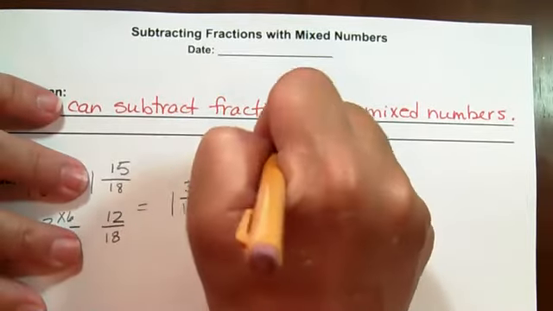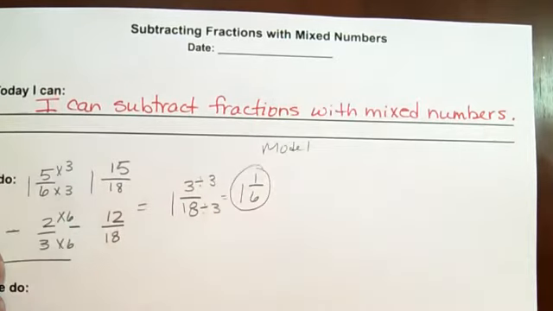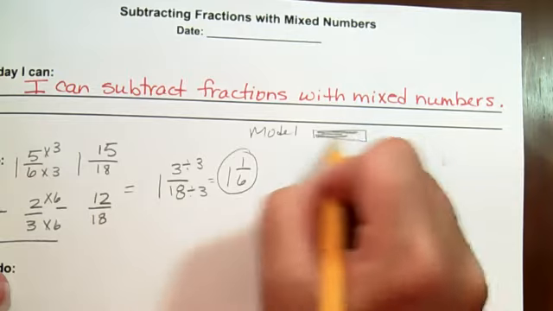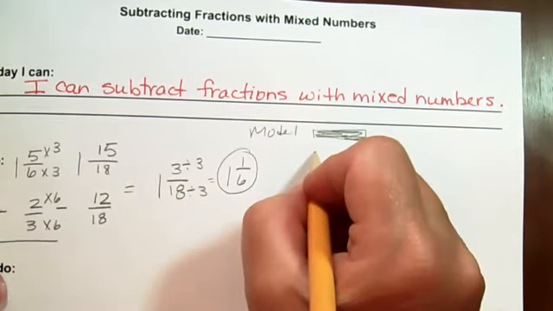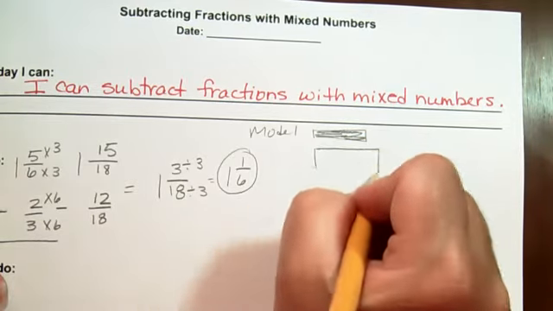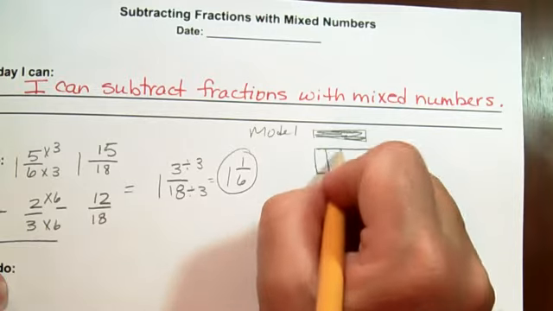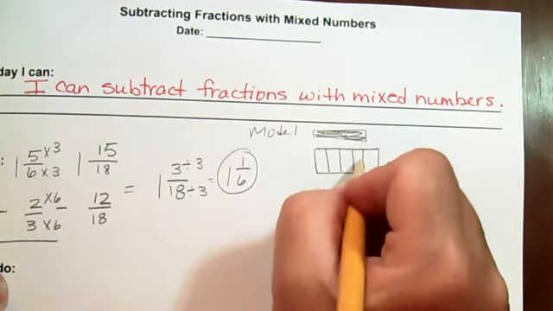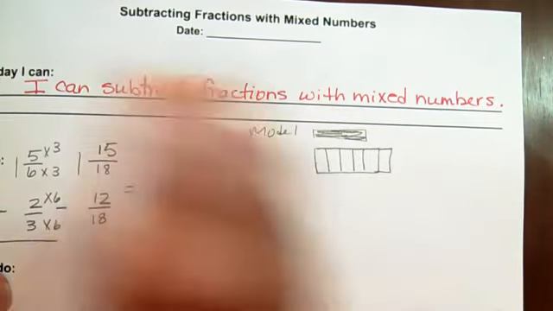Now we're going to model this one. We've got the 1 whole. This is the 1 whole here. And then we've got 5/6. 1, 2, 3. 1, 2, 3, 4, 5. Add one more is 6.